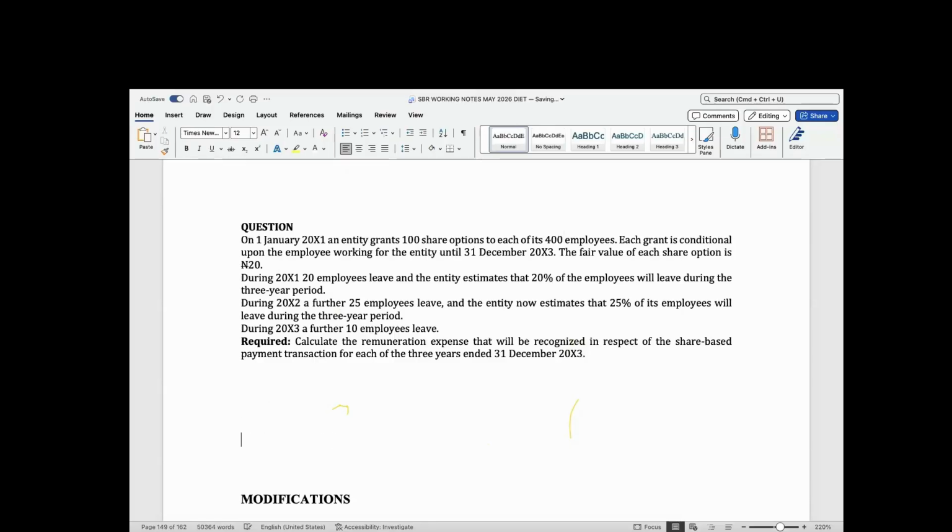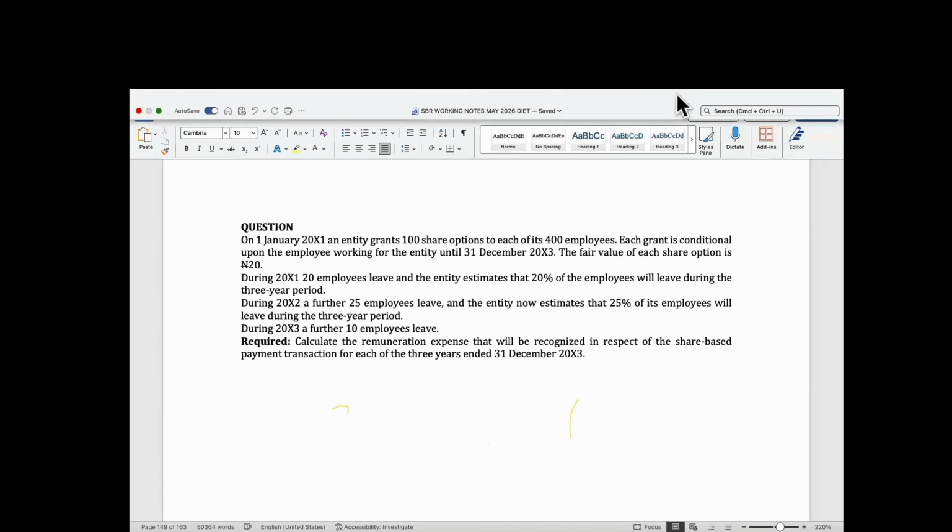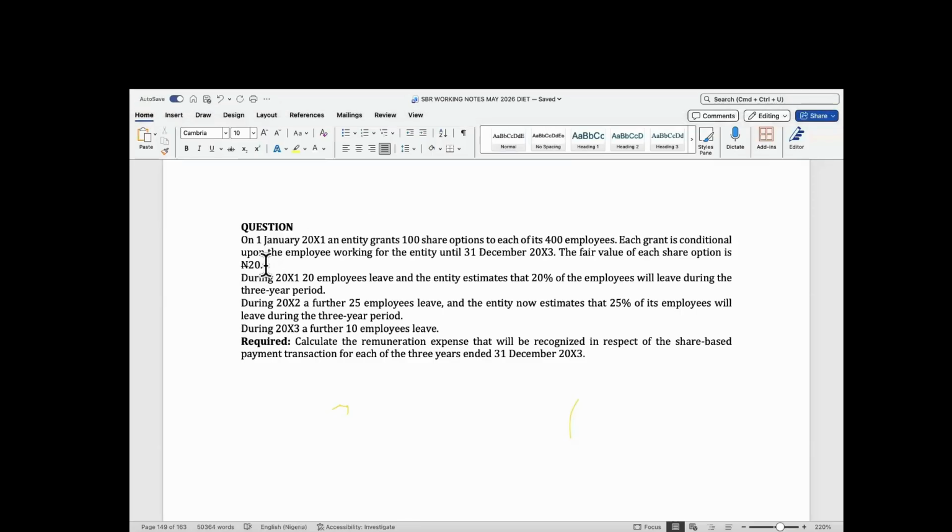Now, this question says: on 4 January 2001, an entity grants 100 share options to each of its 400 employees. Each grant is conditional upon the employee working for the entity until 31st December 2003. The fair value of each share option is 20 naira.